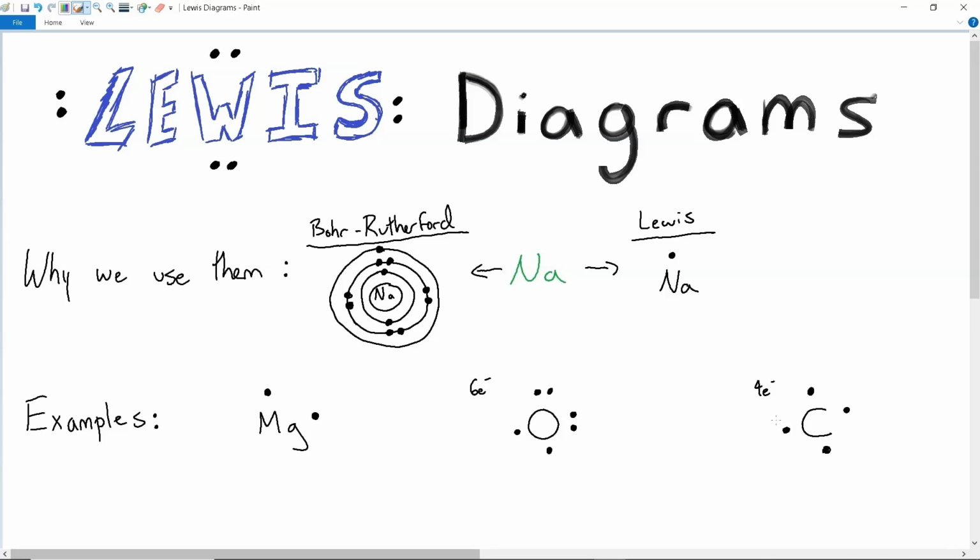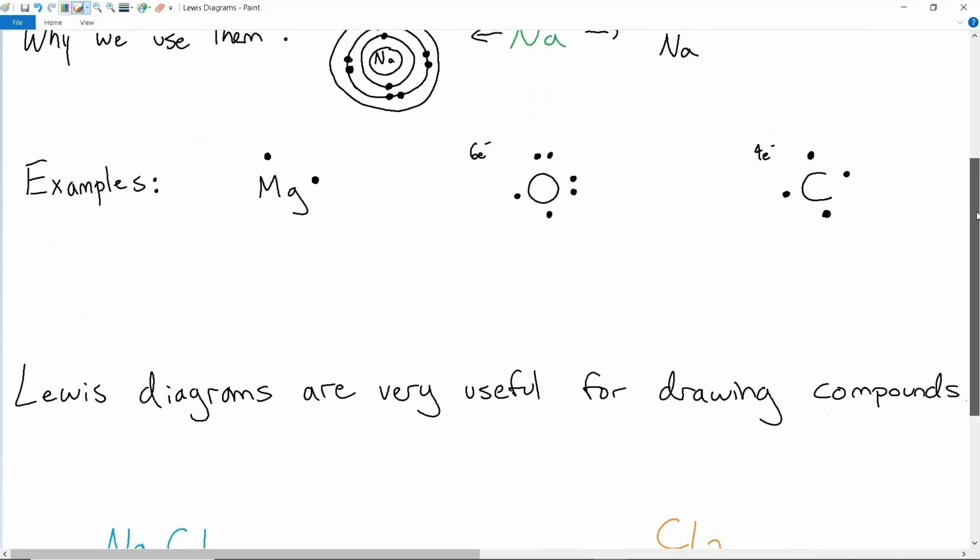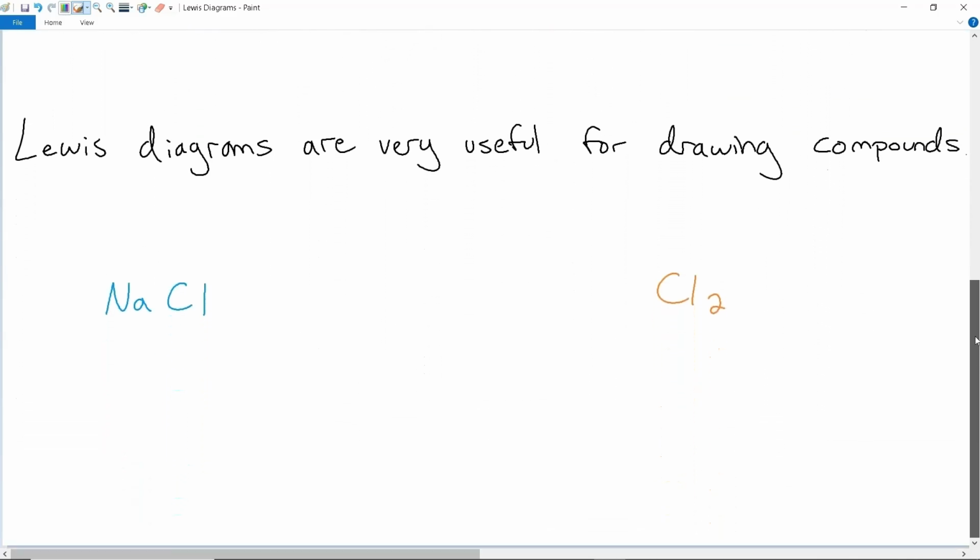Okay. So making individual diagrams for elements is pretty straightforward, but what if we are dealing with a compound? So we have 2 atoms bonded together. In this first example, we have an ionic bond, and the way we're going to represent the ionic bond with Lewis diagrams is first by writing out the usual Lewis diagrams.